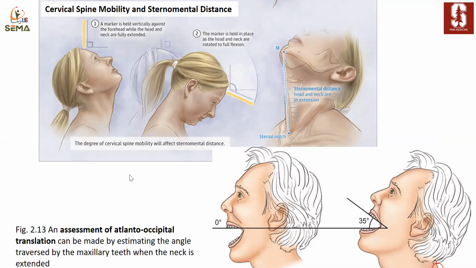You also can ask the patient to touch the chin to the chest, so that's a full flexion movement, and then do a full extension movement, and look at the sternomental distances. This, of course, will be limited if you have atlanto-occipital disease, whether it's subluxation or whatever, or you have a neck fusion surgery or neck pain.